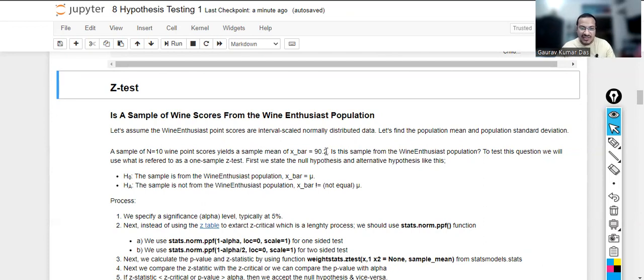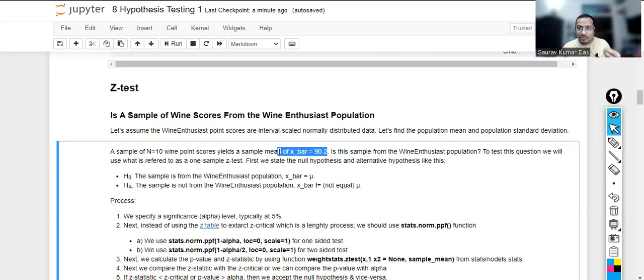Here I've defined it for you so that we don't have to pick up samples, but I'll show you how to randomly pick up samples and compare the means in the case studies. But for now, let's continue with the problem statement and start understanding the concepts from scratch.